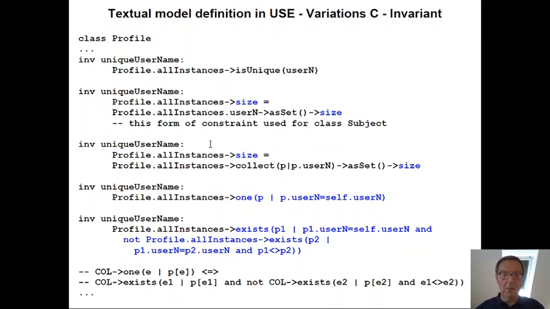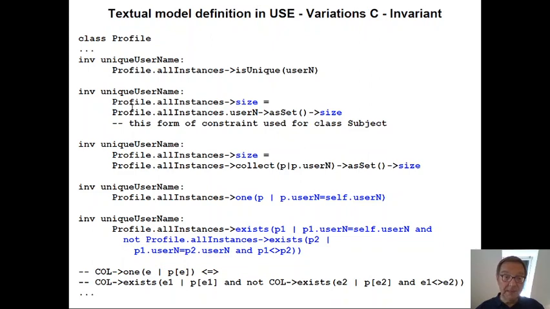all profile objects. But I'm doing here with the dot notation an implicit collect on the username. So I'm considering the collection of all profile objects, and then I'm considering the username for each of the profile objects. And please remember, this is an implicit collect, and the collect always returns a bag, so a collection with possible duplicates.